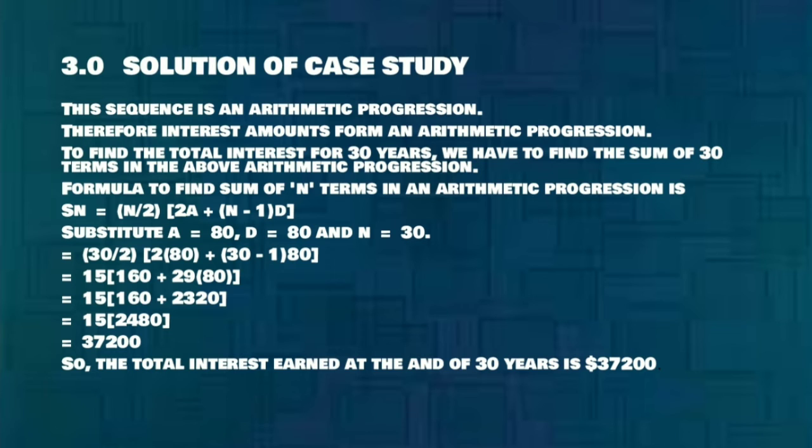Substitute a equals 80, d equals 80 and n equals 30. After making the calculation, we get the total interest for 30 years is $37,200.